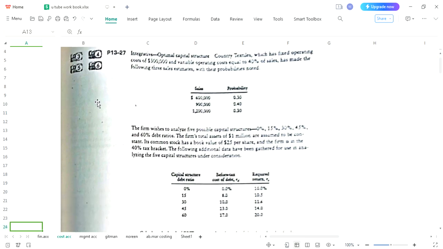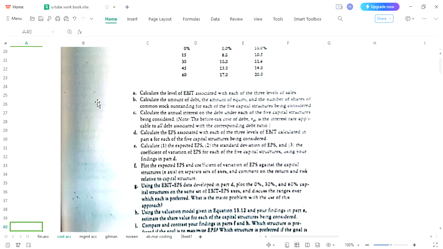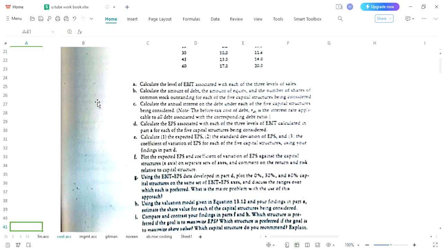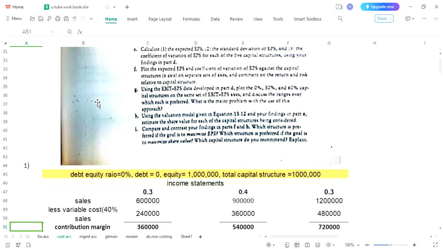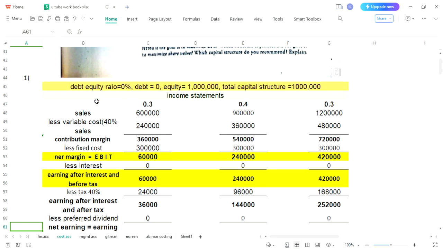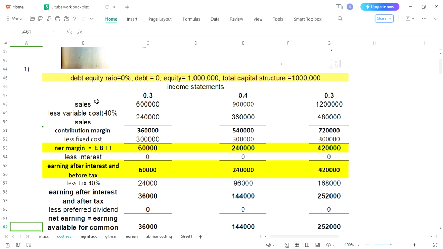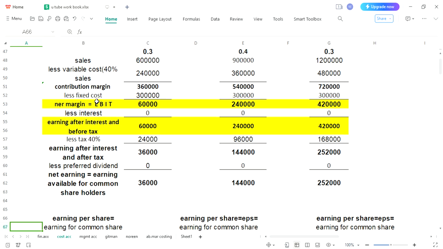13.27 was lengthy, and we were supposed to solve several parts, and in each part we had several subparts. The first part was solved for a debt equity ratio of 0, and you calculated three different income statements for different probabilities of the capital structure.